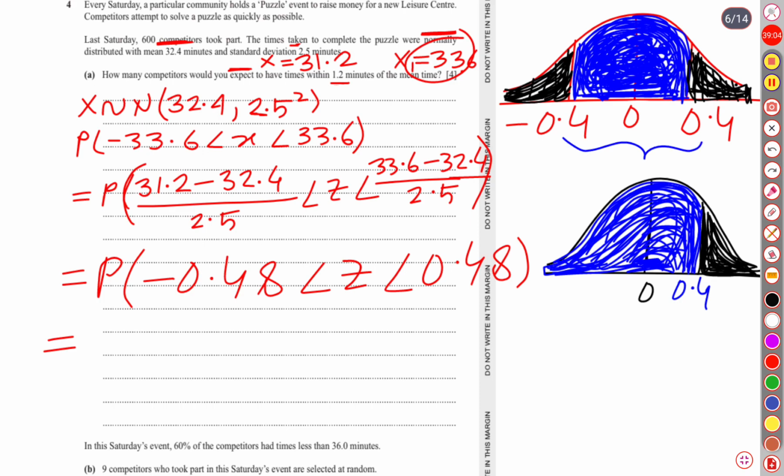Okay, so for this shaded part, let's see what we can do, one after the other. In the second diagram, you can see on the right side that the z-score is the same. The normal distribution graph is always symmetrical, and as the z-score is the same on each side, the probability of this dark shaded region beyond negative 0.48 and positive 0.48 are exactly the same.